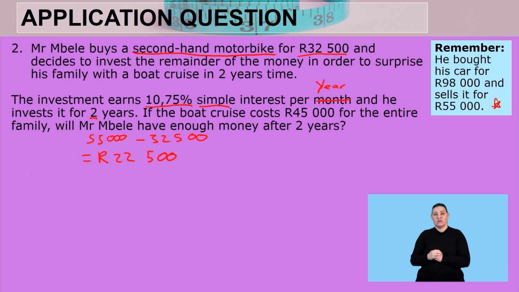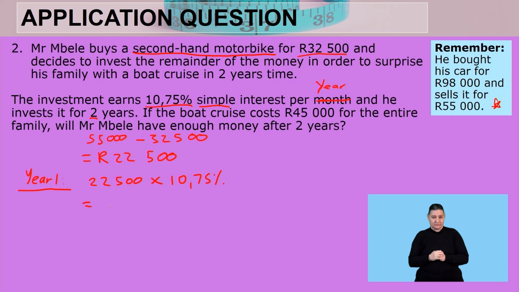So simple interest tells us year 1, we get the initial amount, 22,500 Rand. We multiply that by the interest rate, 10.75%, and this gives me 2,418.75.